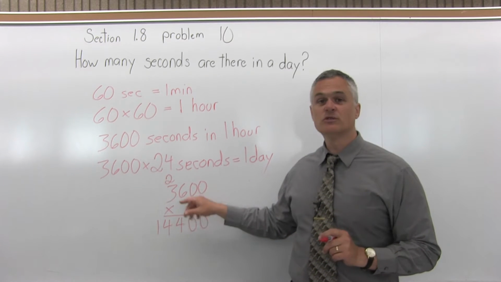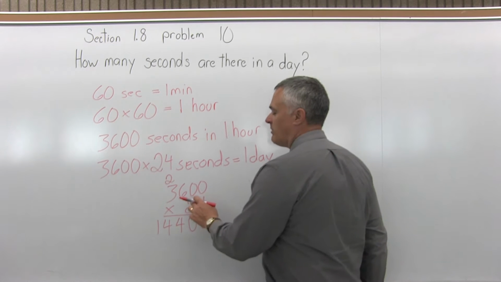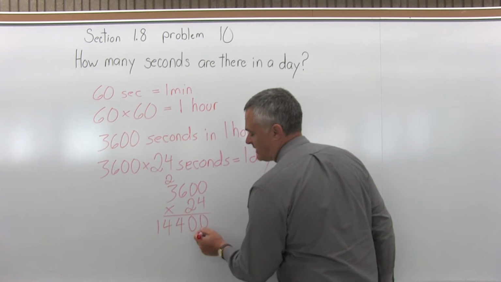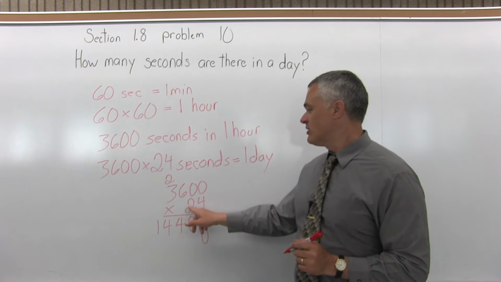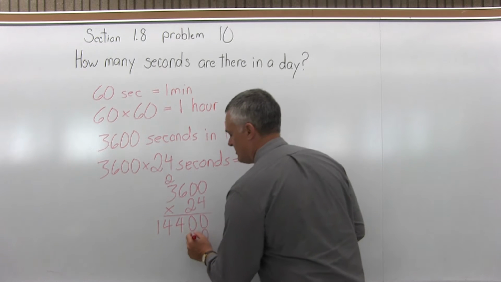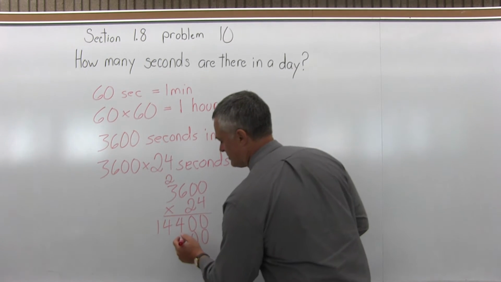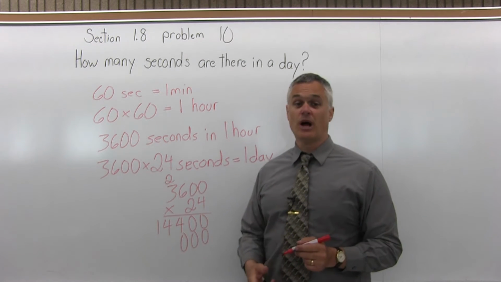I can move over to the 2, start multiplying that times the number on the top, the 3,600. But before I multiply a digit in that position, that tens position, I have to fill in a 0 in the ones position below it. So now I can do 2 times 0. That's a 0. 2 times the next digit is 0 again. 2 times 0 is 0. Now 2 times 6 is 12.